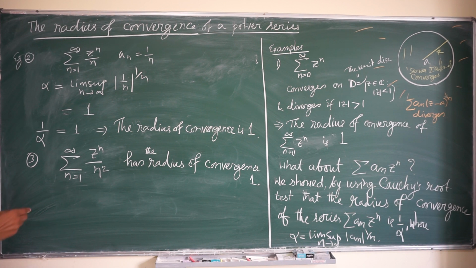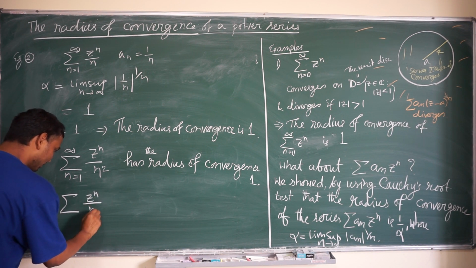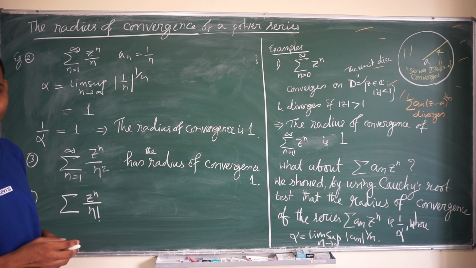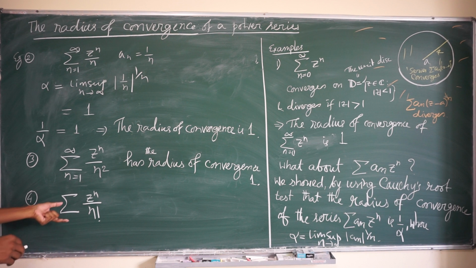Next, look at the series summation z to the power n by factorial n. Everything can be seen over R as well, which you know already. We'll describe that in a moment. But we look at this one.